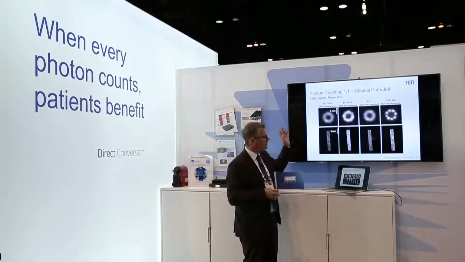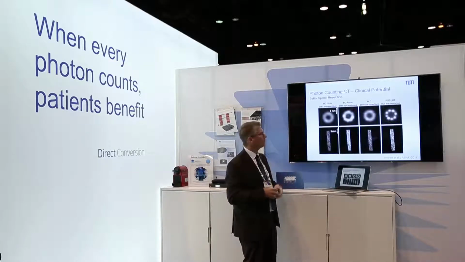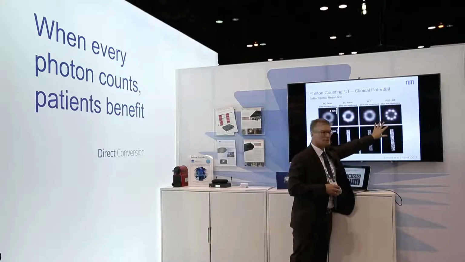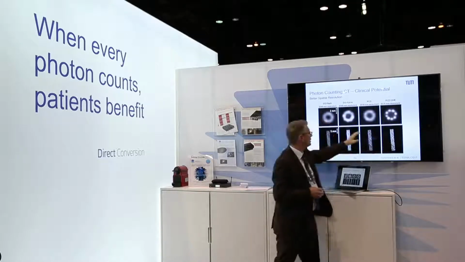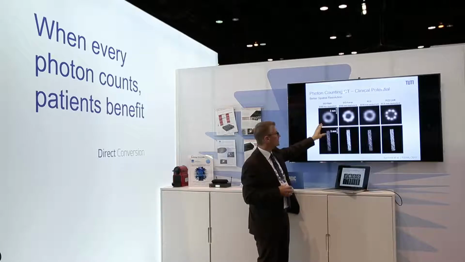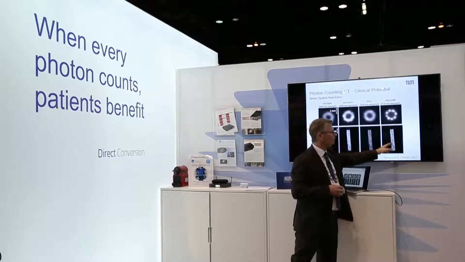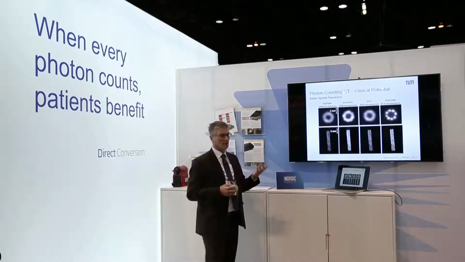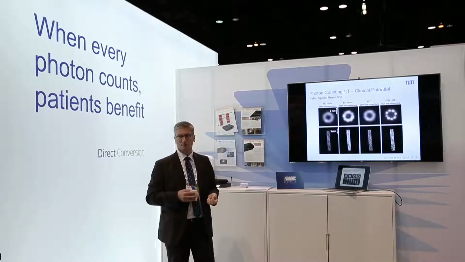That's actually a Siemens dual source, dual detector system. That's the photon counting detector result with high resolution, and that's the normal imaging system. And you clearly see that here, if you push it to the limits, you can actually get higher resolution.